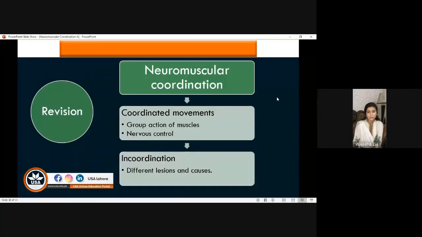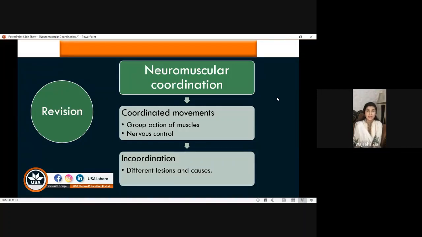So that was all about neurological coordination. There were two things: the first was the introduction of coordinated movement, which is done with the help of the group action of the muscles, and the second is with the help of nervous control. The next one is incoordinated movement. For incoordinated movement, we have studied four types of lesions. The first is flaccidity, which is because of lower motor neuron lesions, and upper motor neuron lesions lead to spasticity.